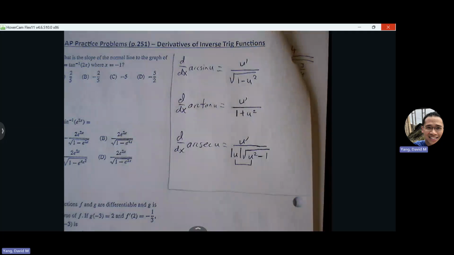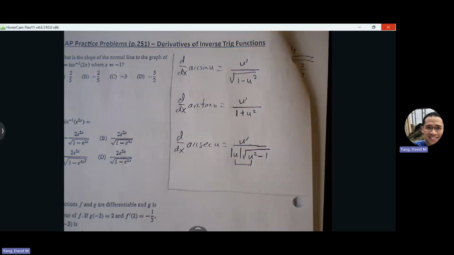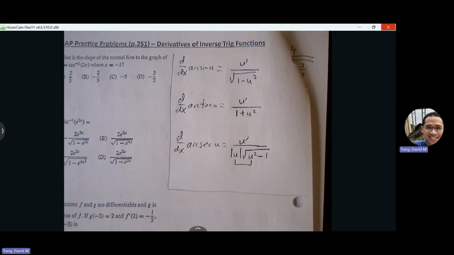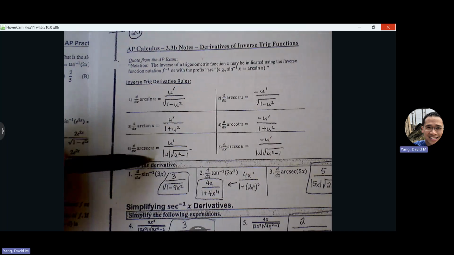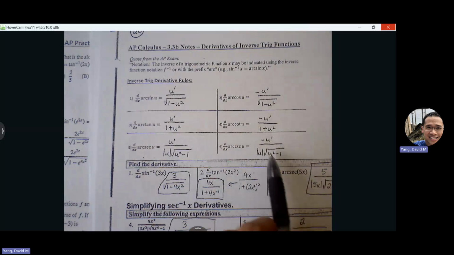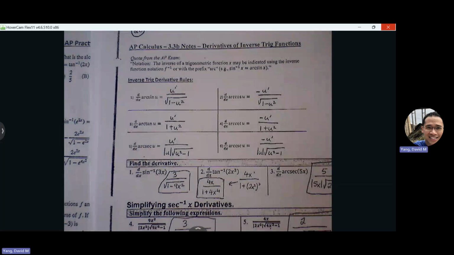That's how I go about forming my derivative rules. You may have different methods, but I want to show you my way of organizing the pattern among those three rules. And again, if you have these three figured out, then the other three should be easy because you're just copying the rules and making them negative in front.